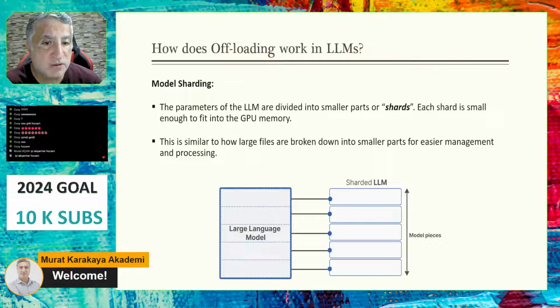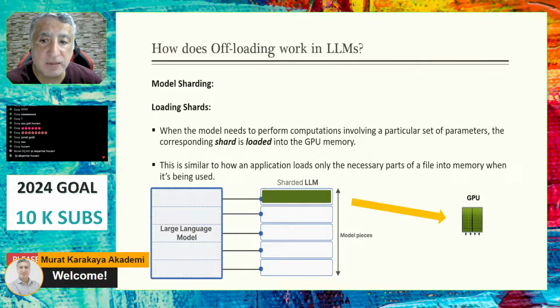In that sharded LLM, as you see, these sharded parts of the LLM can fit into your GPU RAM. After that, we just load these shards when they are necessary. Why? Because as you know, in transformer architecture, it runs layer by layer.